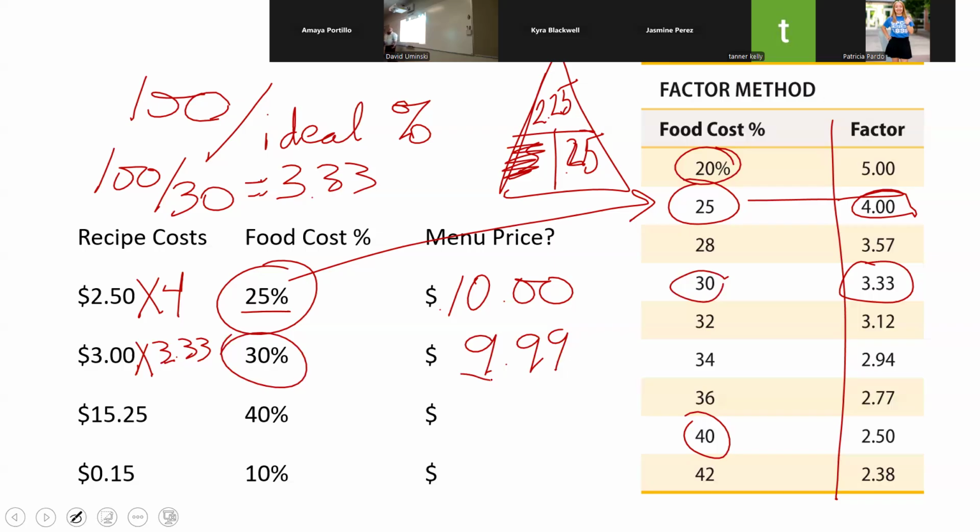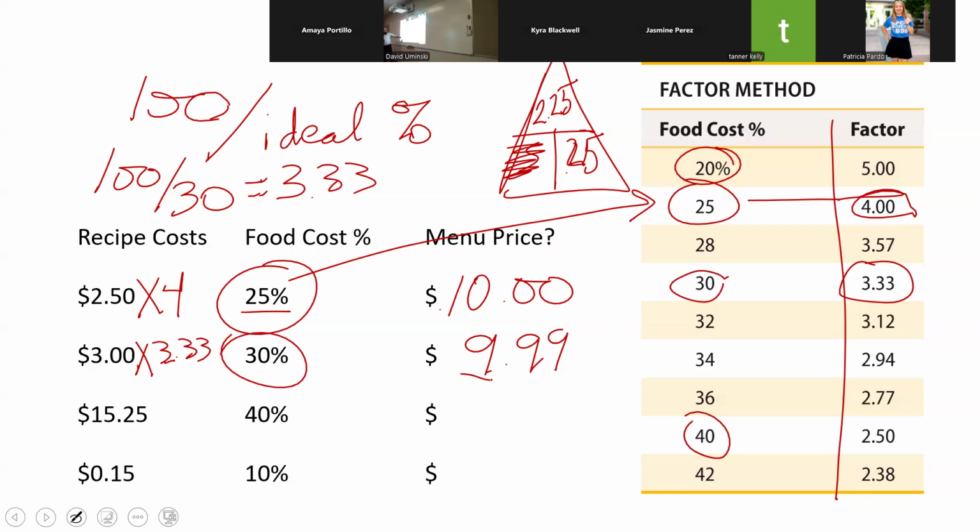So there's psychology where people actually only focus on that first number. But it literally is 1 penny away from $10. So there is psychology behind pricing of your menu items. Psychology wise, there is somewhat of a difference.